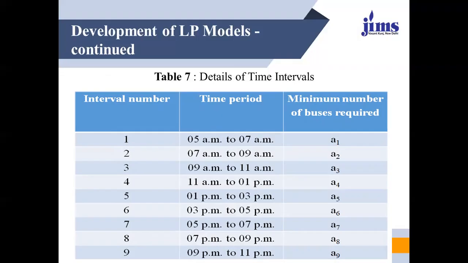Because one who comes at 5 a.m. will go at 1 p.m. So who reports at 7 a.m. will go at 3 p.m. One who reports at 9 a.m. will go at 5 p.m. So for 8 hours duty, the crew which arrives at a particular time interval will work for the 4 next time intervals.